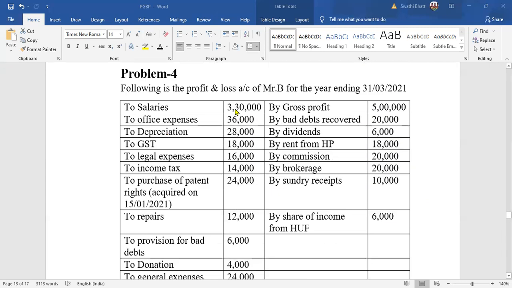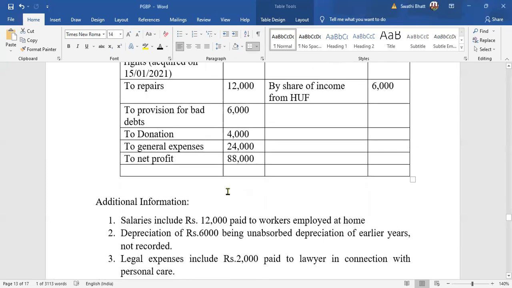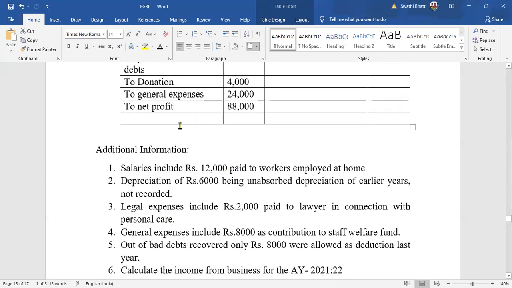So the total salary that they have shown in the profit and loss account is 3,30,000. This 3,30,000 actually includes a salary that this person has paid to some worker at his house. So this purely is a personal expense which they are showing in the business profit and loss account.